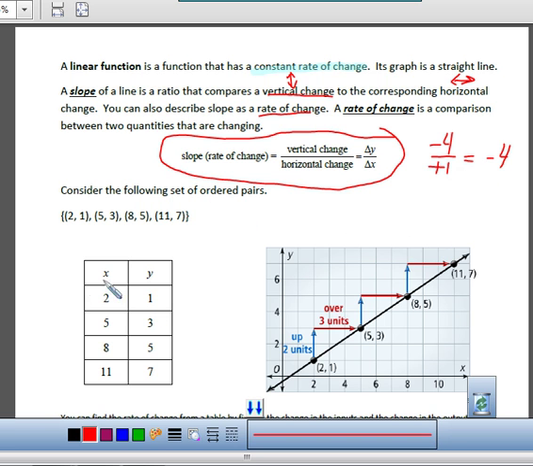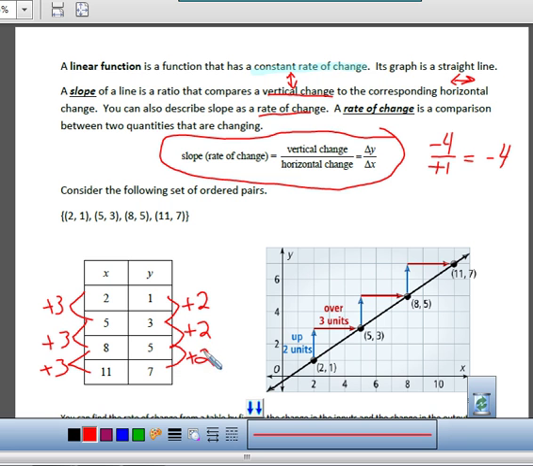That is the slope of the line. So we've got this example here where you see the x values are increasing by 3 each time. And you'll notice that you can see in the graph that it is a straight line. And then the y values are increasing by 2.